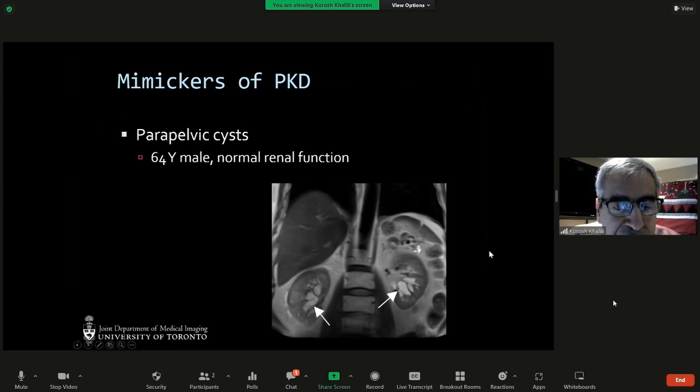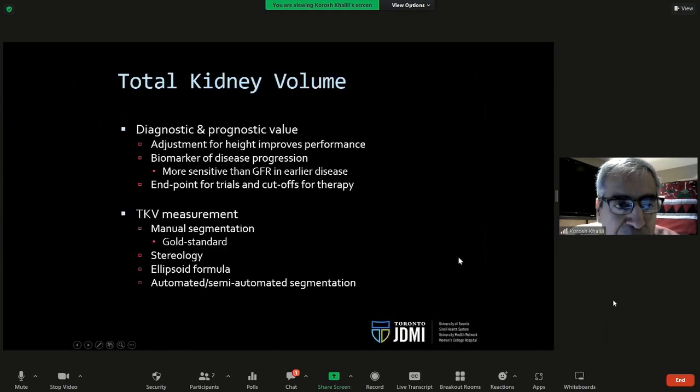But despite their dramatic look, they basically have absolutely no clinical significance. Patients do quite well with these, and so it's an incidental finding, and we don't know why they're there. But anyways, we can separate this from PKD with the distribution, where the renal cortex and in this case the medulla are all spared, and this is all very central in the renal pelvis. That's why they're called parapelvic cysts.